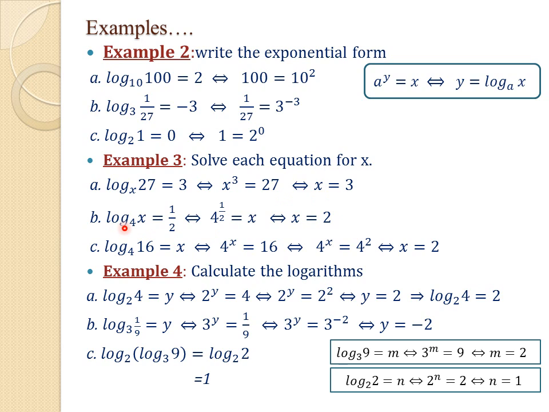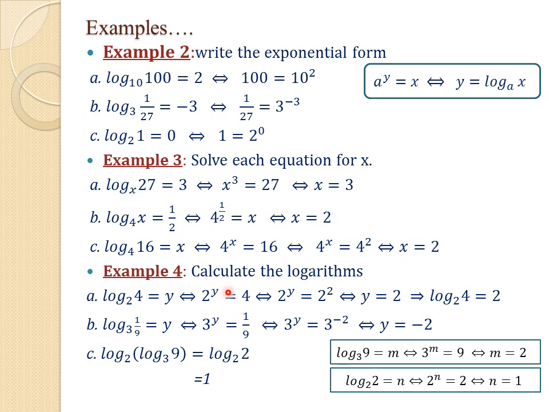The same thing here, 4 power 1 over 2 equal x. Power 1 over 2 means the square root of 4, which is 2. So the value of x is 2. Again here, I have 4 power x equals 16. Thus I can just work with 16, make it 4 power 2. So the value of x now is clear, 2.